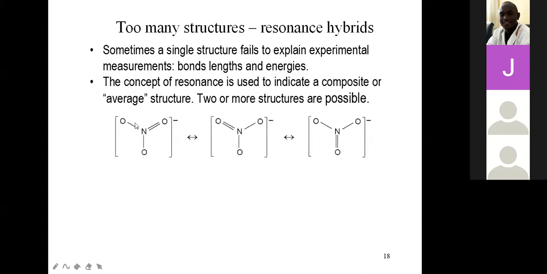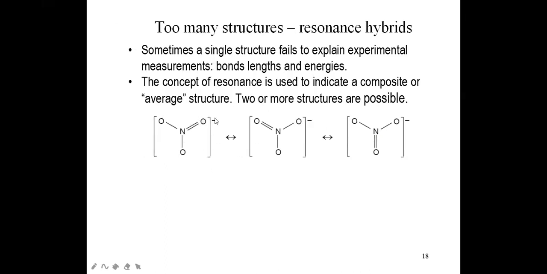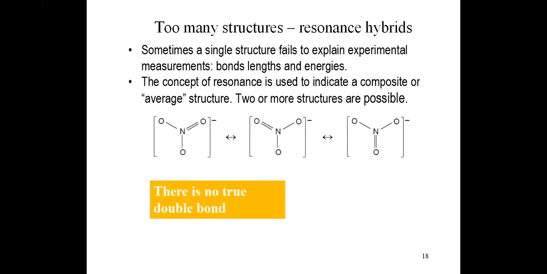So you not only draw one and include that negative sign. No, you draw all three, because these are possible structures and possible positions for that double bond. Are we together? So there is no true double bond. You don't know where the double bond is.